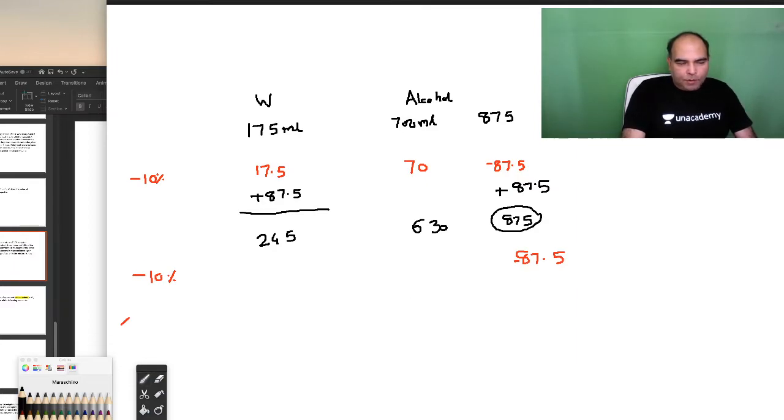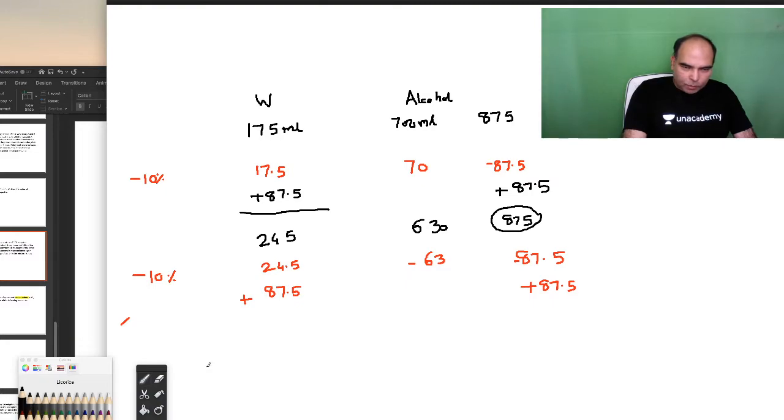What will come out is 63 of alcohol and 24.5 of water. And when you replace 87.5 of water again back, you are actually restoring the whole mixture to its original value.